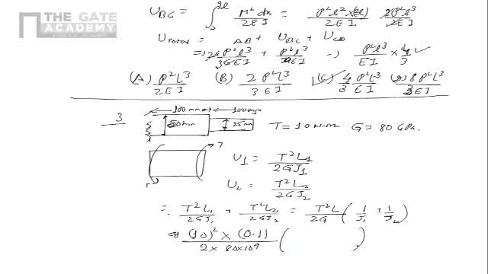Now J, the value of polar moment of inertia for a circular area of cross section, is pi d to the power 4 upon 32.